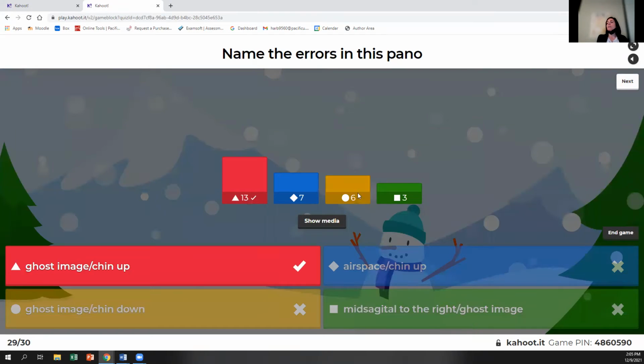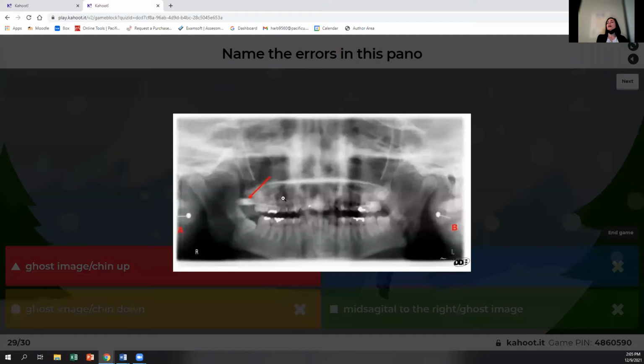Okay, ghost image, chin up. Your big clues here are the ghost images because you see your earrings. So this is a ghost image of B, and then a ghost image of A. Where is the ghost image of A? Oh, here, it's over the tooth. Here's the ghost image of A. Here's the ghost image of B.